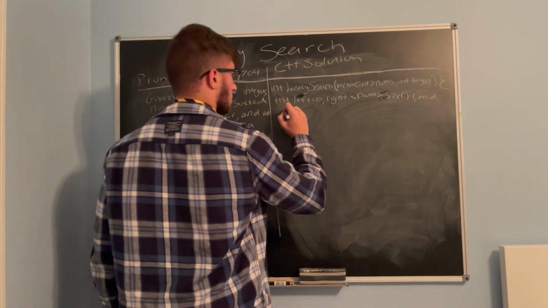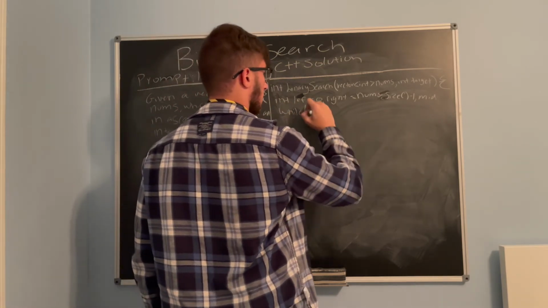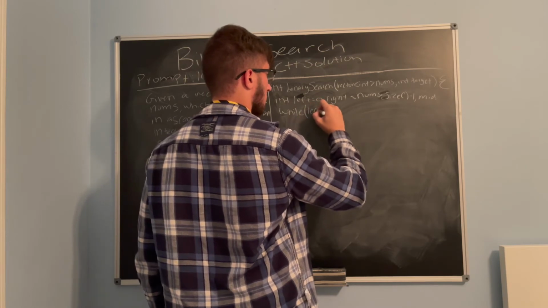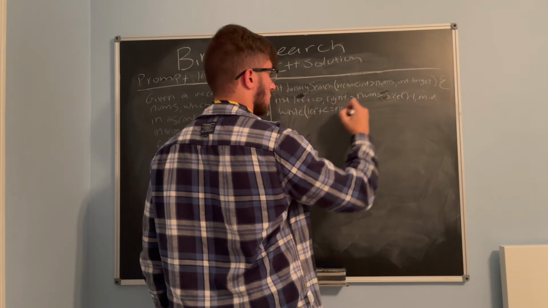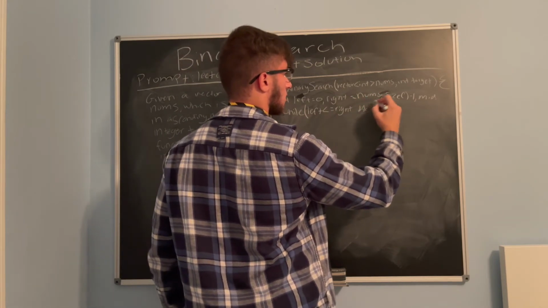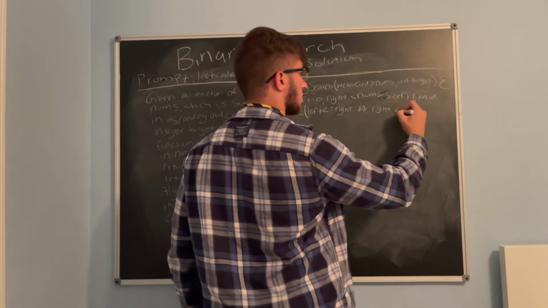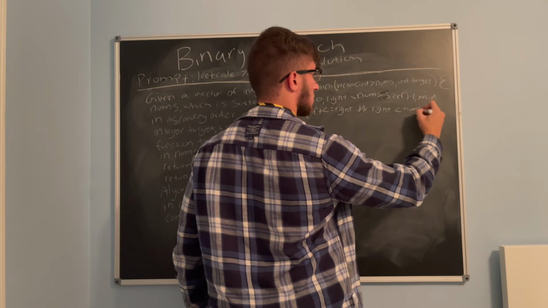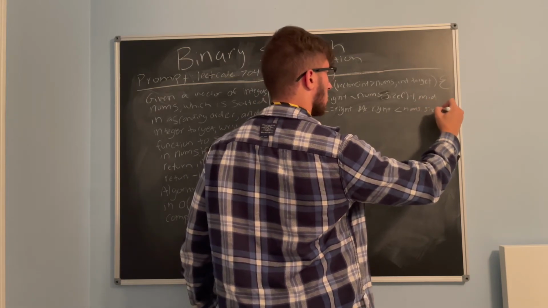Now what we're gonna do is say while left is less than or equal to right, and right is less than nums.size() -1.